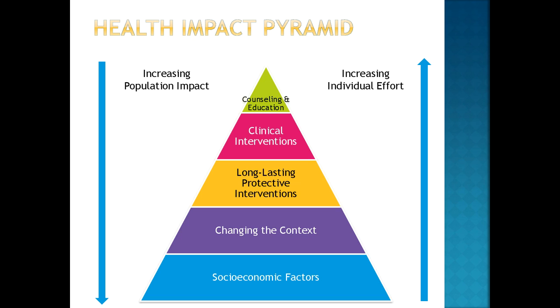The fourth layer in the pyramid is changing the context. This looks at ways that we change the environment and systems around the individual. When we talk about policy, systems, and environmental changes, this is where they fall in the health impact pyramid: within the changing the context layer.